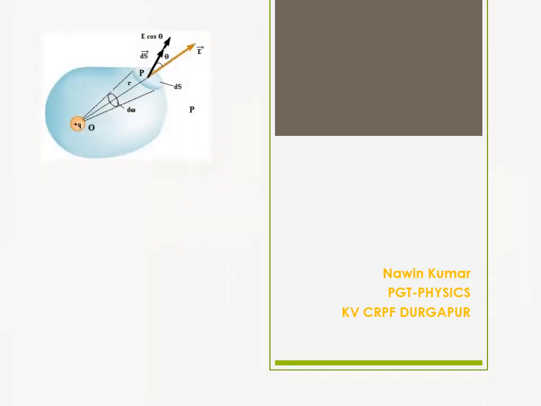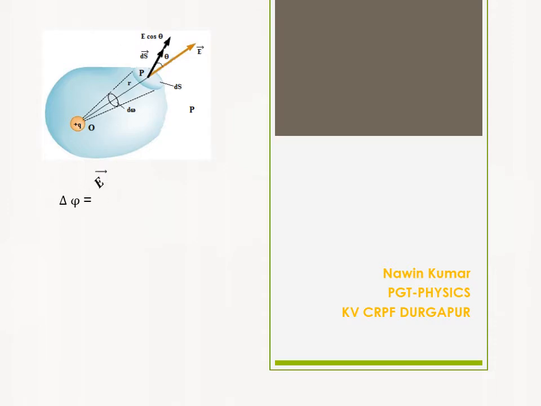And now if we take a surface enclosing the charge plus q, then the electric field will be radially outward. If we take a small area ds whose area vector is not along the direction of electric field, that is making some angle theta with the E, then what is the flux?